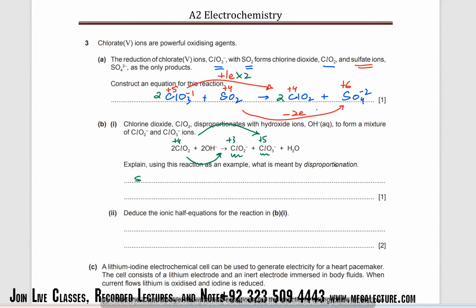So same element, इसमें बता भी दो, same element which is Cl gets oxidized. तो उसके अंदर states बता दो कि it goes from +4 to +5, and reduced. यानी it goes from +4 to +3 at the same time.